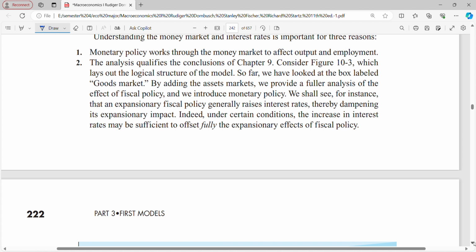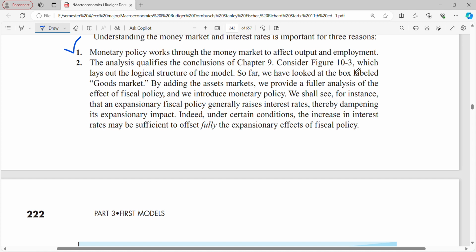So be thorough with the concepts of this chapter, then only you can have a smooth learning on the next chapter of this unit. So monetary policy works through the money market to affect output and employment. Then the analysis qualifies the conclusion of chapter 9 that we have studied in the second semester.